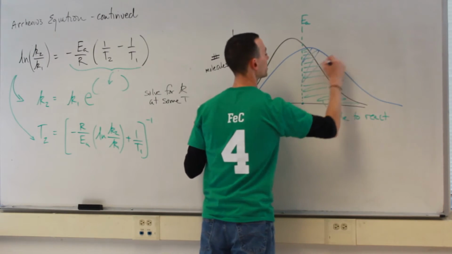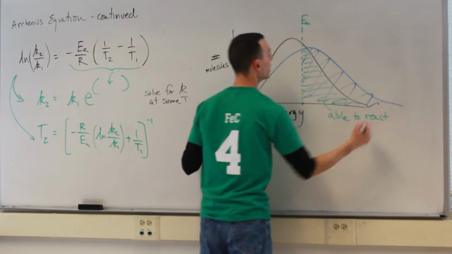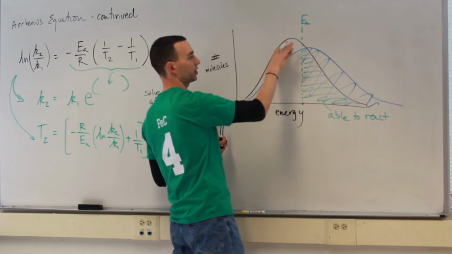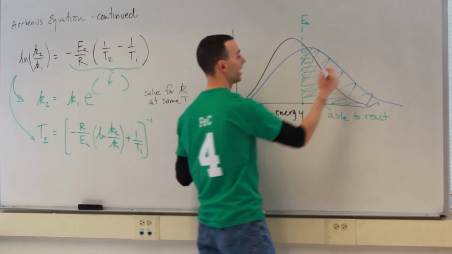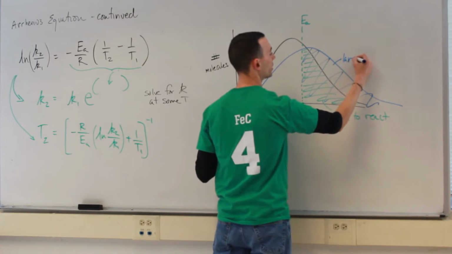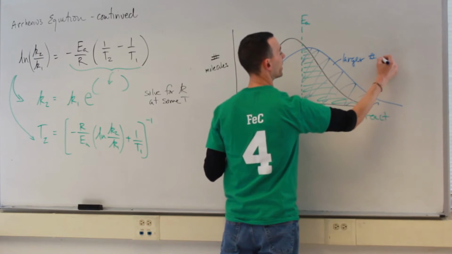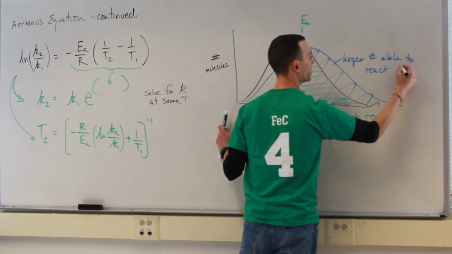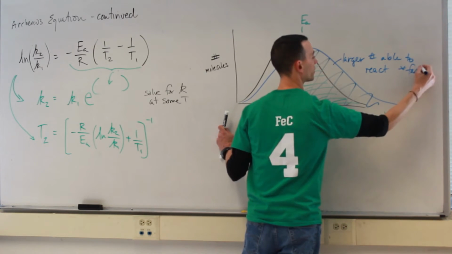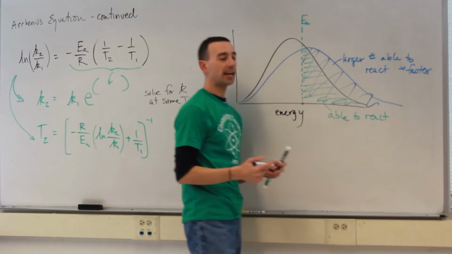Now we have a much larger fraction of our molecules because we've pushed so many more above the activation energy. All right? So here we have a larger number that are able to react, which means it's going to be a faster reaction at that higher temperature.